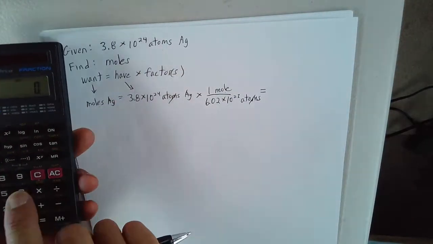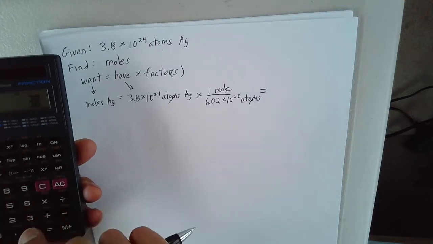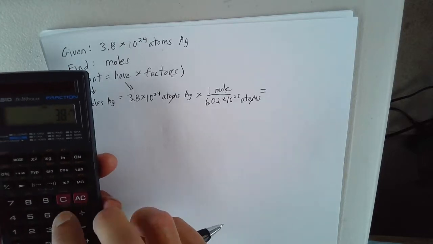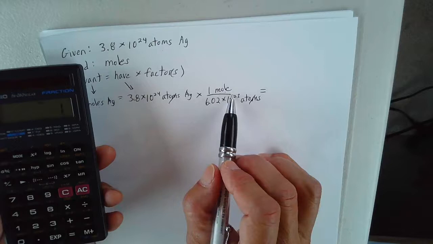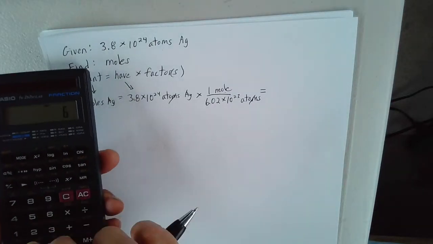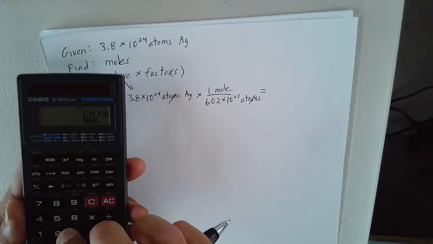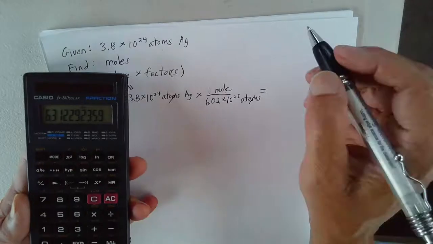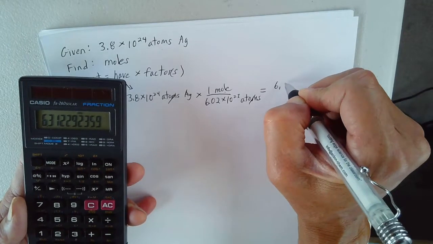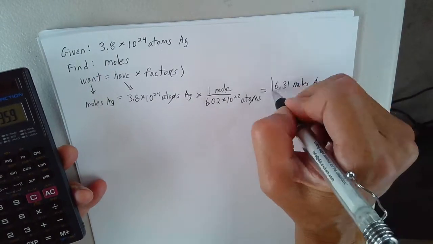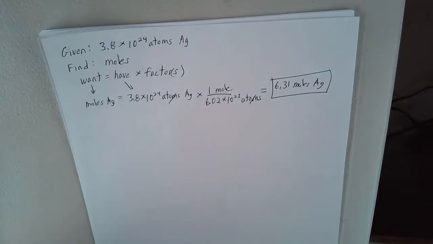And we're going with 3.8 EE or EXP 24 times 1, then this big line says to divide by 6.02 EE or EXP to the 23rd power equals, and I got 6.31 moles of Ag. And that's how you calculate moles if you know atoms, and atoms if you know moles.